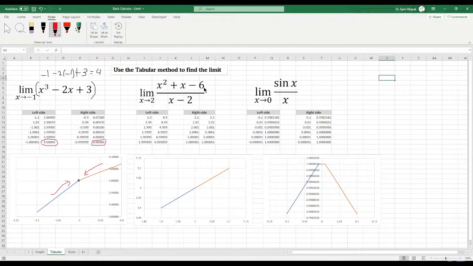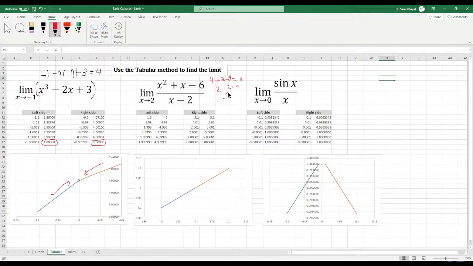This is a little different. Because if I put in 2, the top is 4 plus 2 minus 6, which is 0. And the bottom is 2 minus 2, which is 0 also.